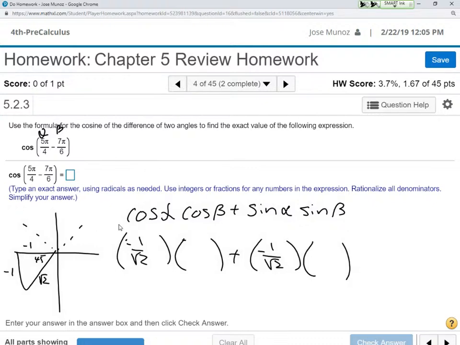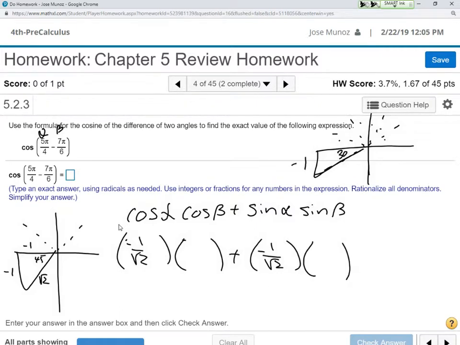For the alphas? Now let's do the beta one. Sine is opposite over hypotenuse. Correct. So let's do the 7 pi 6. If it's a 6, that means they're 30-degree angles. Right? So that means I've got 7 of them. So I got 1, 2, 3, 4, 5, 6, 7. So here's my triangle. 30 degrees.